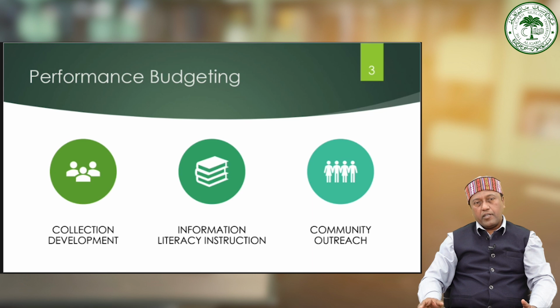You are more interested in covering as many patrons as possible, or just finishing off the work of classification, cataloging, reference, because your efficiency is normally calculated in terms of numbers. How you did it, how effectively you were able to convince the user, how satisfied the user was, that is not the concern here. So there is a big drawback of this system.